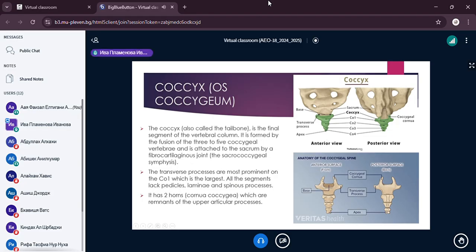We have 2 coccygeal horns here, and in some people, it's a variation, we can see the transverse processes of CO1 here. That's the anterior surface, of course. Again, here we have transverse lines between the bodies, and that's the posterior surface. It's a rudimentary organ, the coccyx.